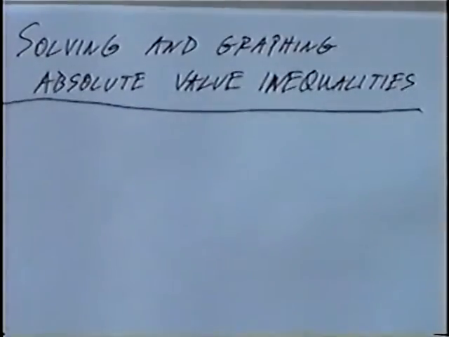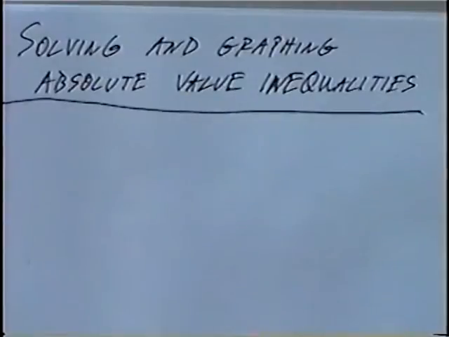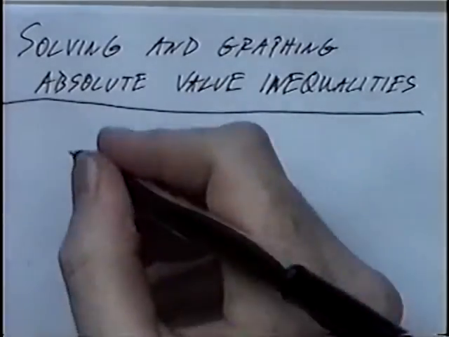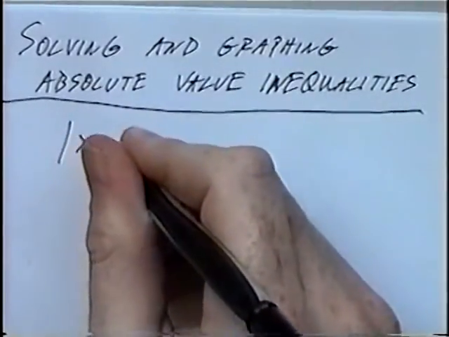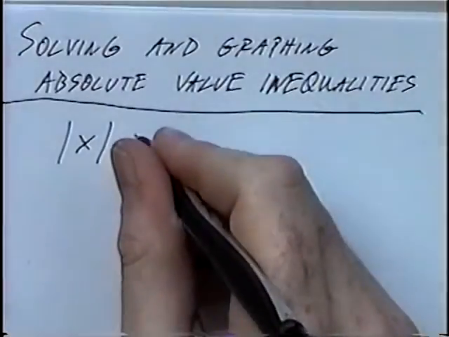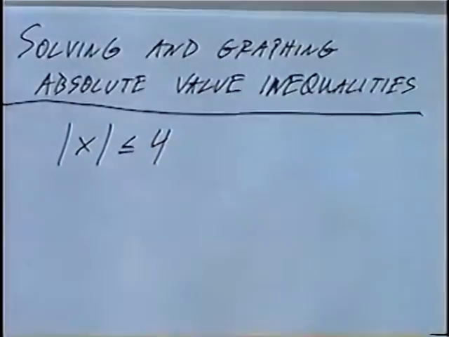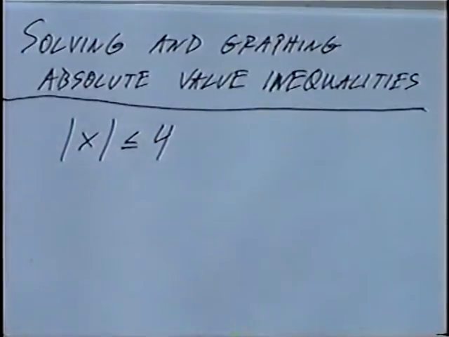In this section, we'll solve the inequality and graph the absolute value inequality. First problem, absolute value of x is less than or equal to 4.